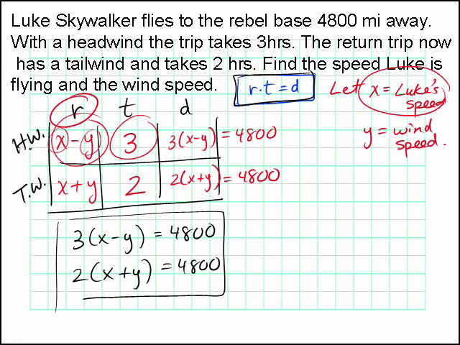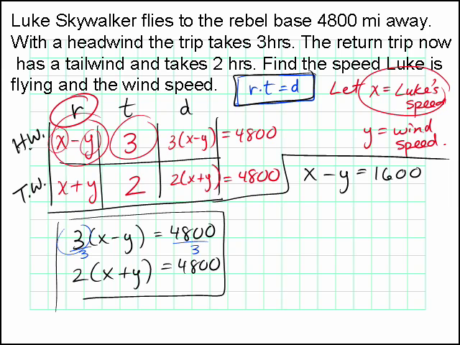Now what I could actually do is get rid of this 3 here by dividing both sides by 3. And that would give me X minus Y equals 1,600. And I could do something similar with this equation. I'll divide both sides by 2.